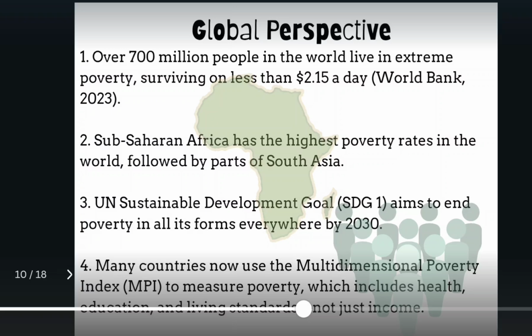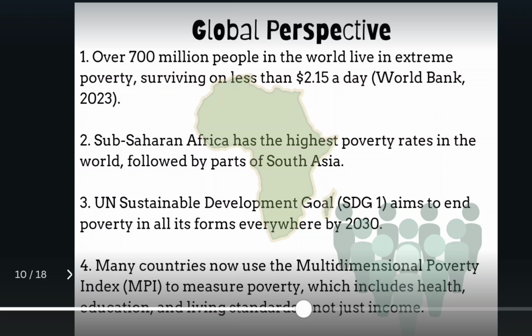UN Sustainable Development Goals: SDG 1 aims to end poverty in all its forms everywhere by 2030. Now, you must be aware of all the SDG goals which are working towards a better world. So, SDG 1 is focusing on ending poverty.